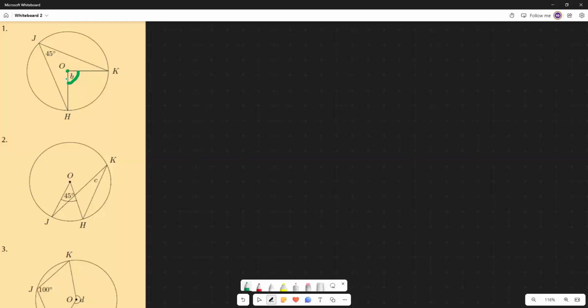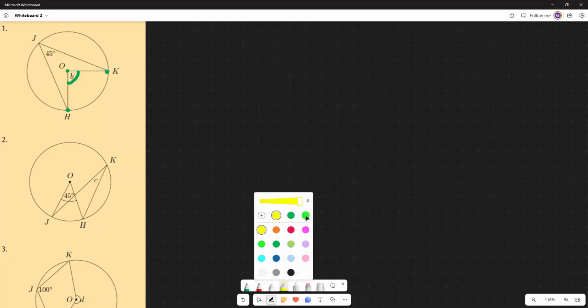It guides you, basically. So I just need to know that B is formed by OH, which means the point on the circumference is H, and it's also formed by OK. Do you see it? Now I need the other angles that are formed by this point. Let's highlight all the lines that move from there in green, because I chose a green point.